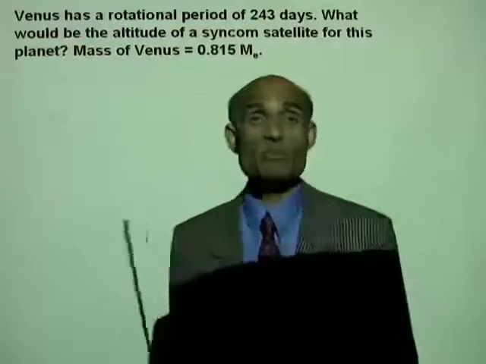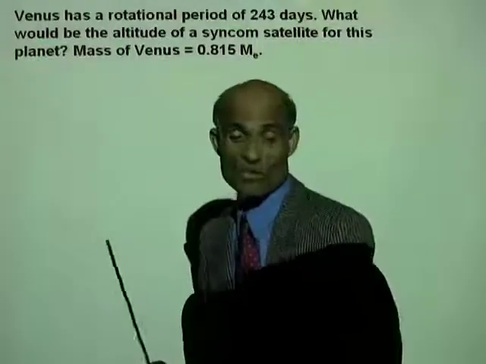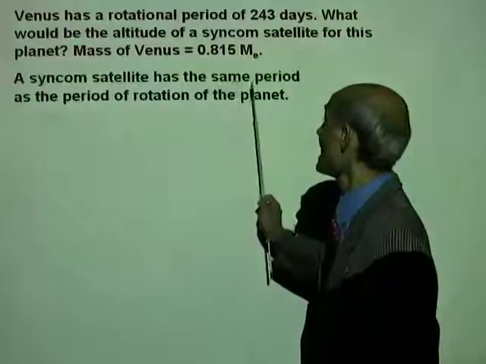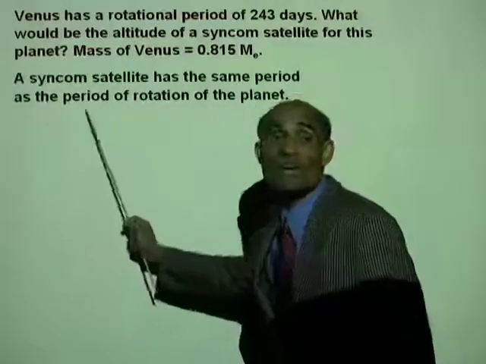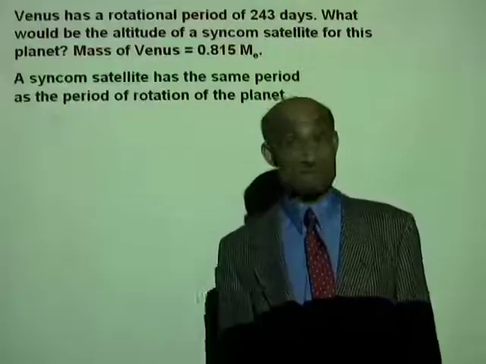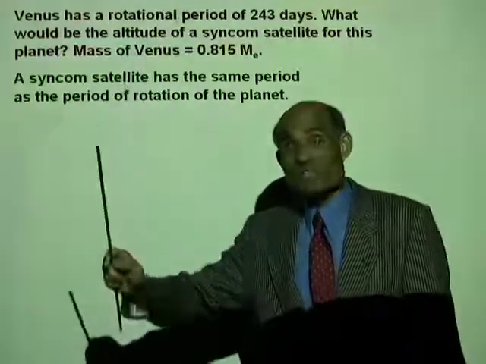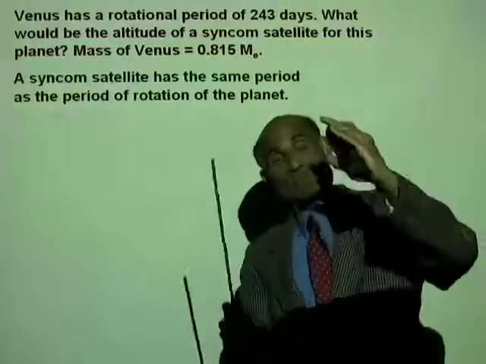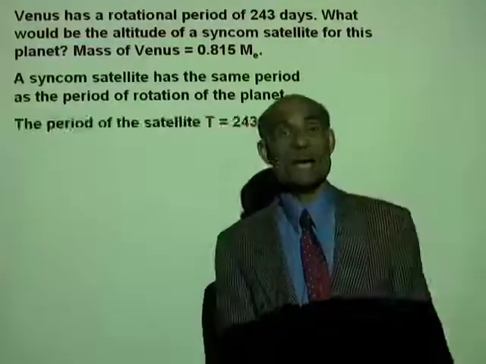Now here we are talking about a synchronous satellite for Venus. A synchronous satellite has the same period as the period of rotation of the planet. Is that right? The satellite must have the same period as the period of rotation of the planet.